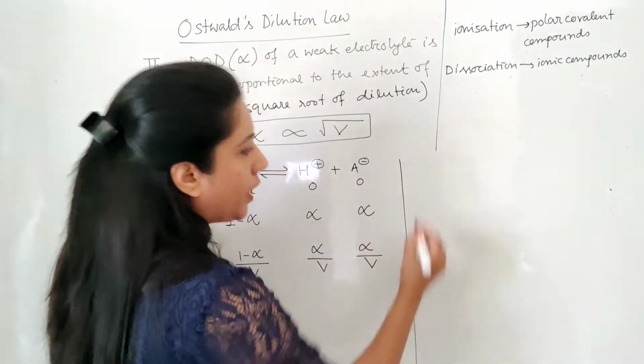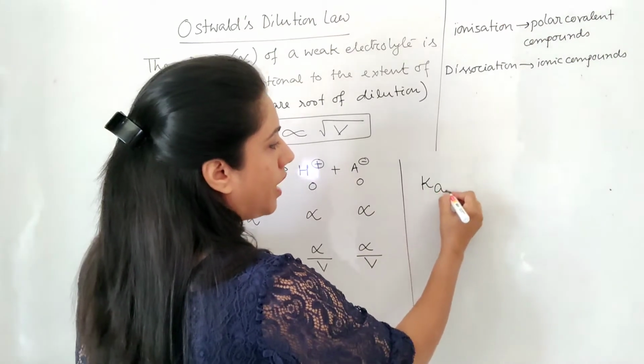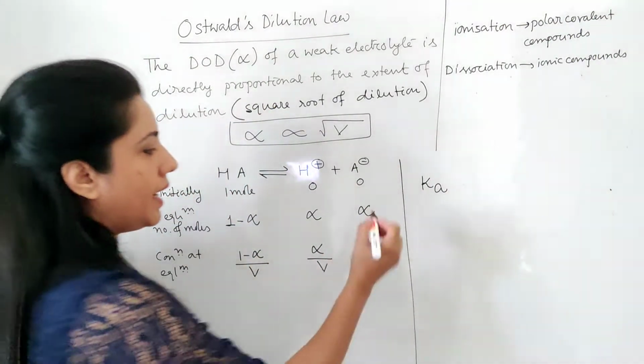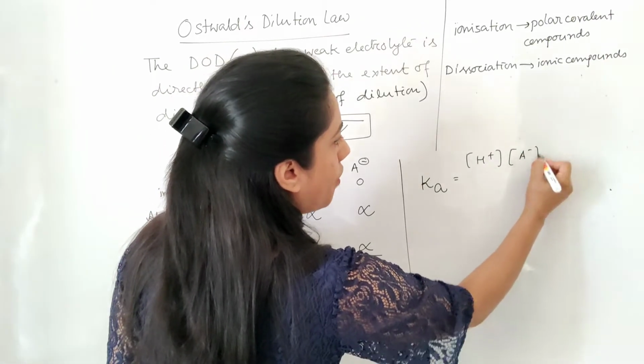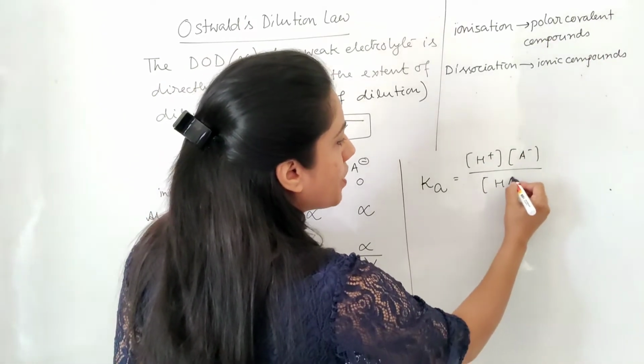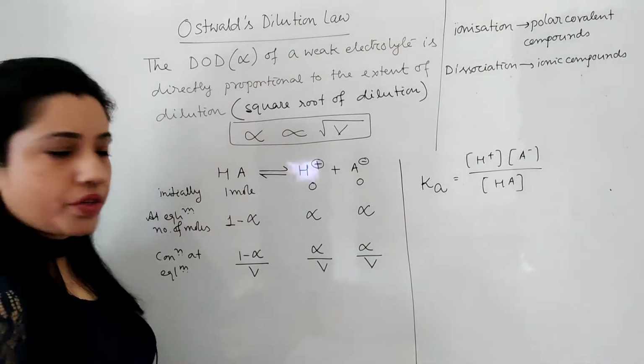Now let us find out the equilibrium constant or ionization constant of an acid. Ka is equal to concentration of H plus into concentration of A minus divided by concentration of HA. Now put the concentration terms.